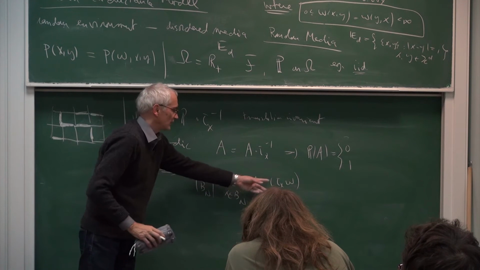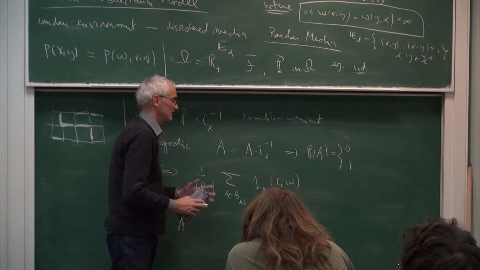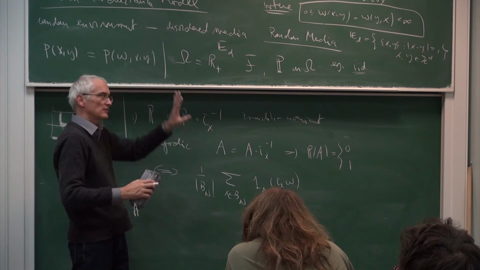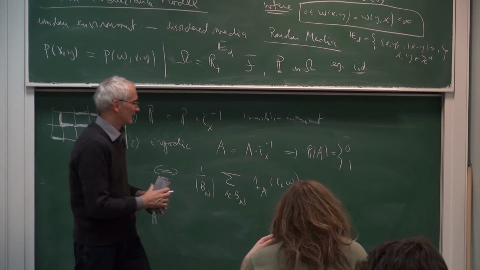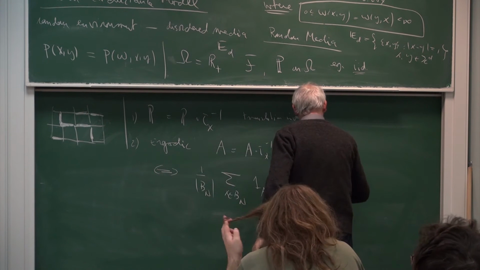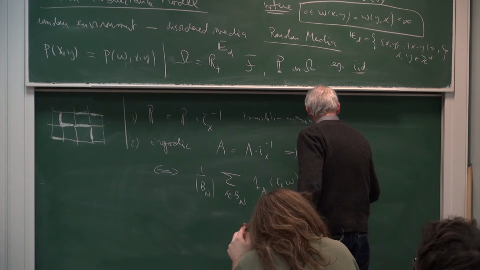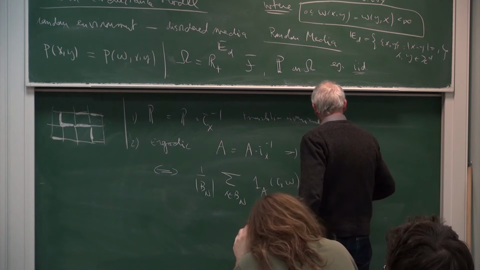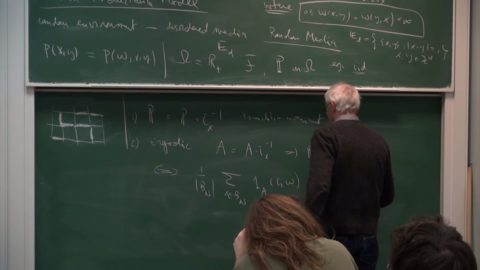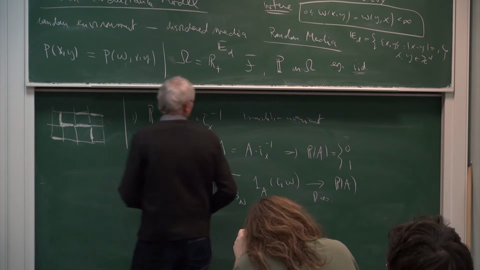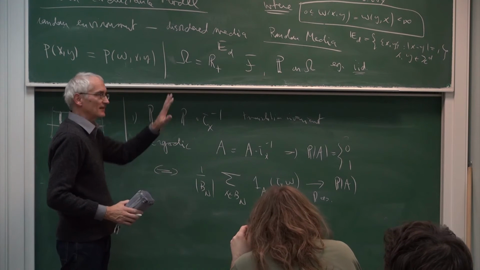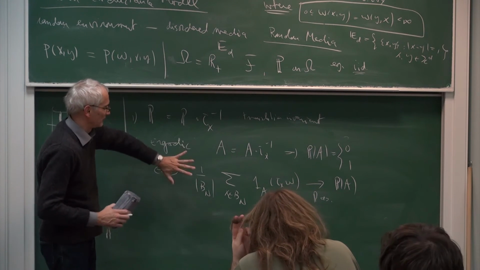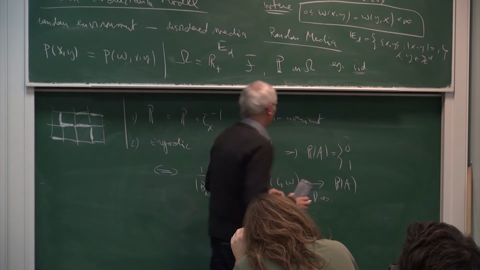You just take some set and you count how many of these shifted configurations are in it. This is, if you wish, the space average. You just make an average over the space. Then ergodicity means that this converges P almost surely to the probability. So ergodic just means that if you make some spatial average of the process, then you end up with the expectation.